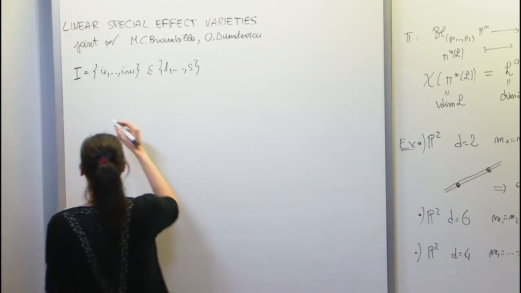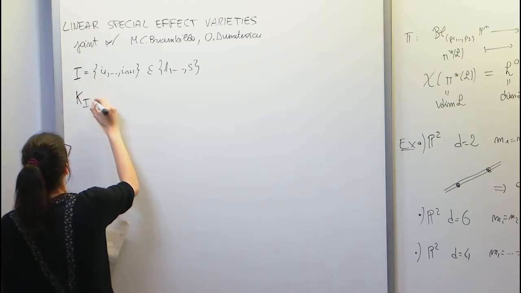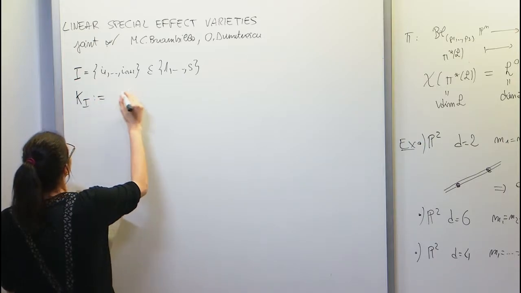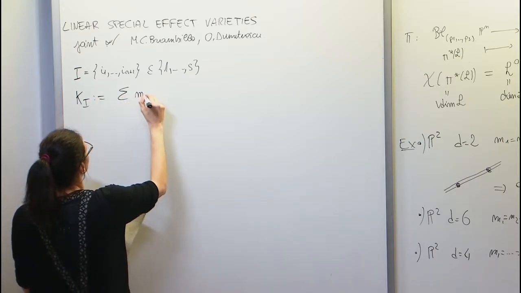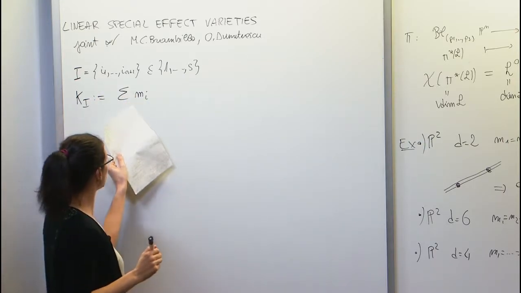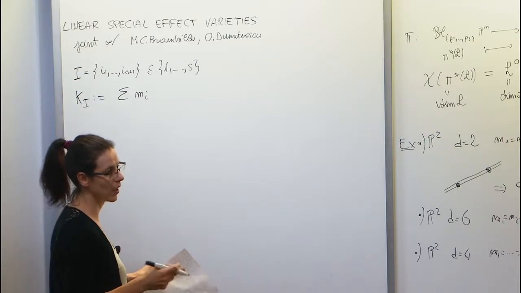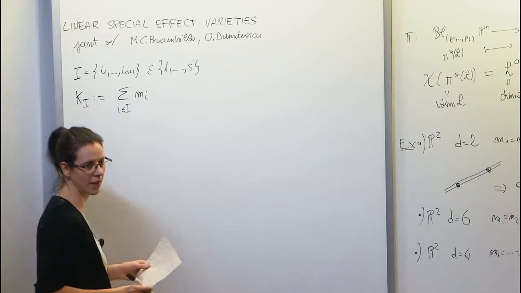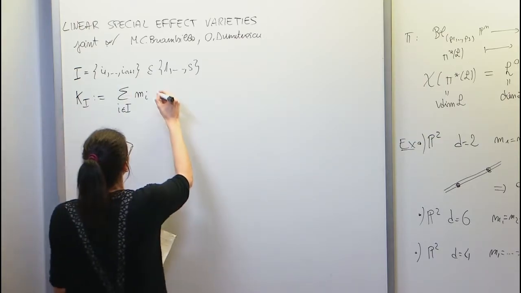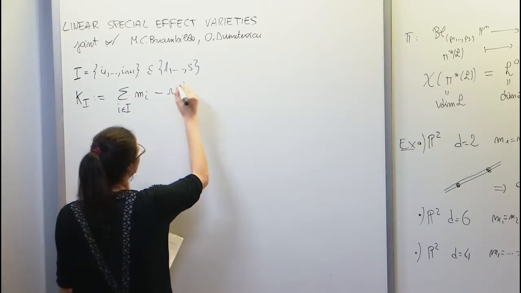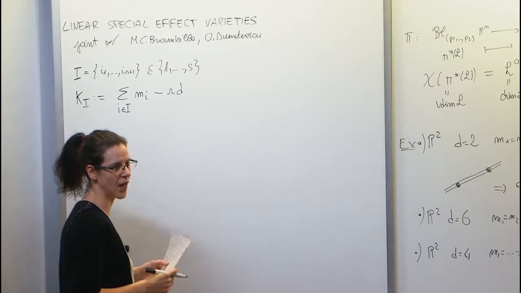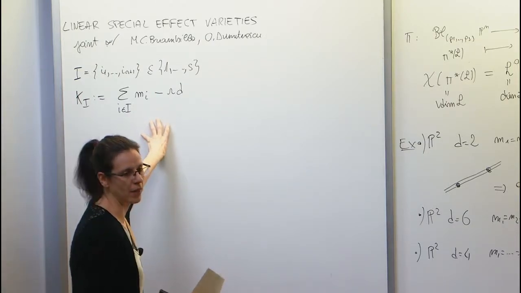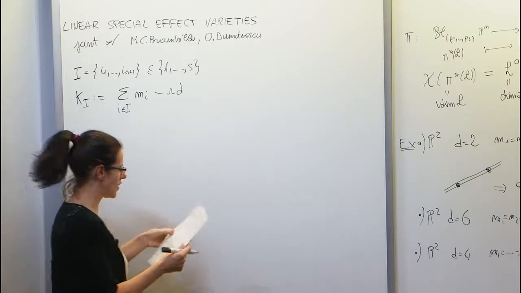And I will introduce this number K of I to be, well, I take the sum of the multiplicities of my points that are parameterized by this set I that I fixed, minus RD. So I fix this number. I will explain why I get this number.